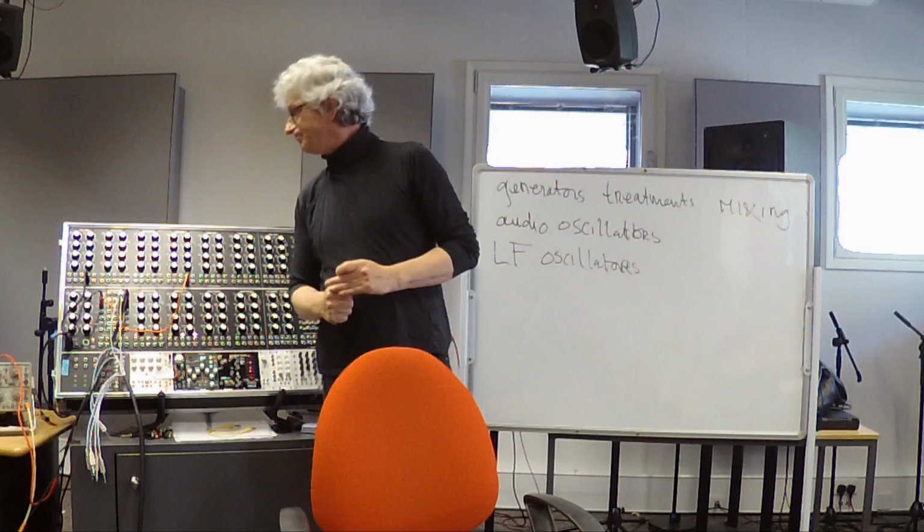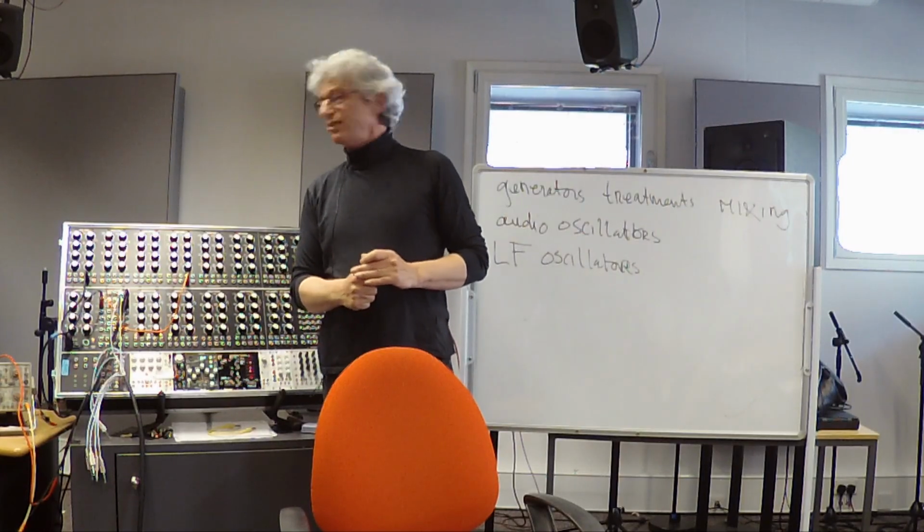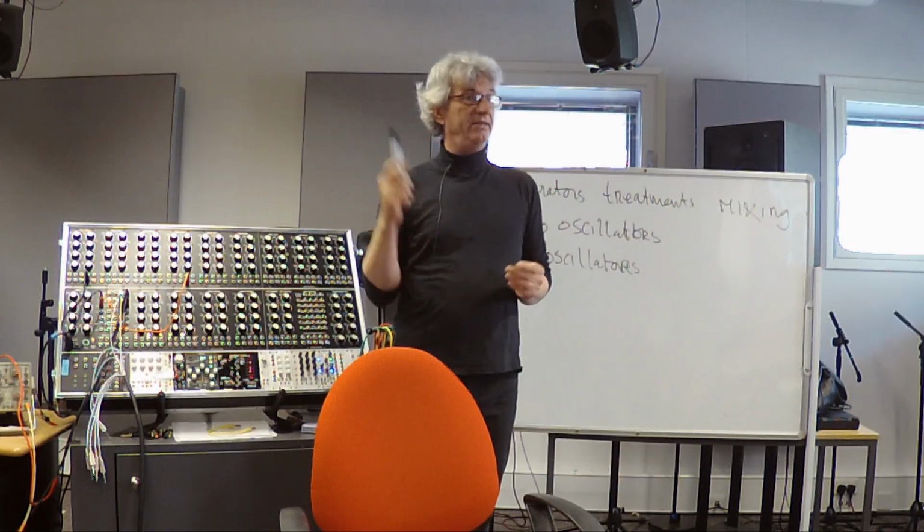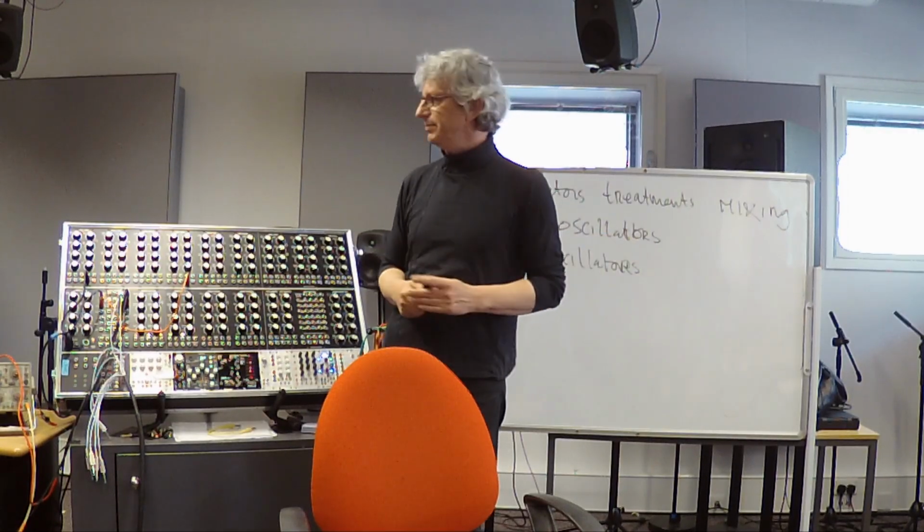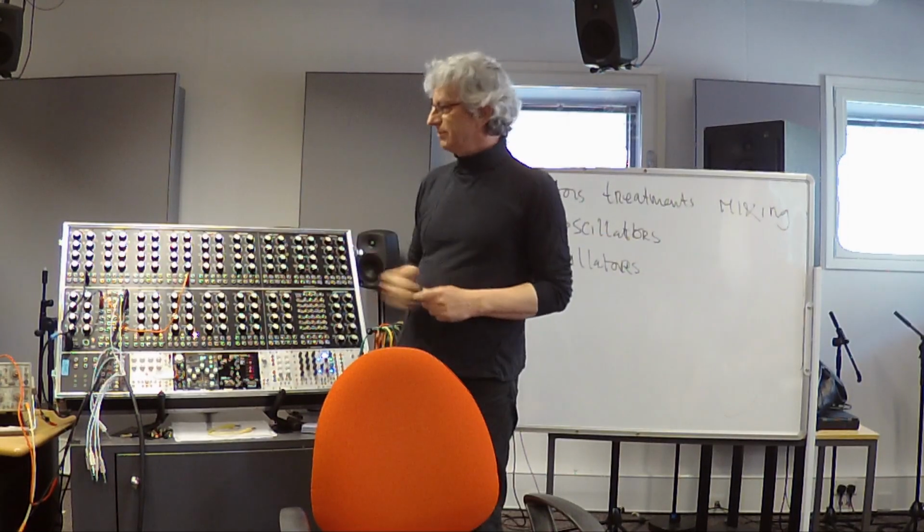So, because I realized that this can be an interesting property for people that make music, I thought, well, I should really build this oscillator and make it available to people, and the rest followed.